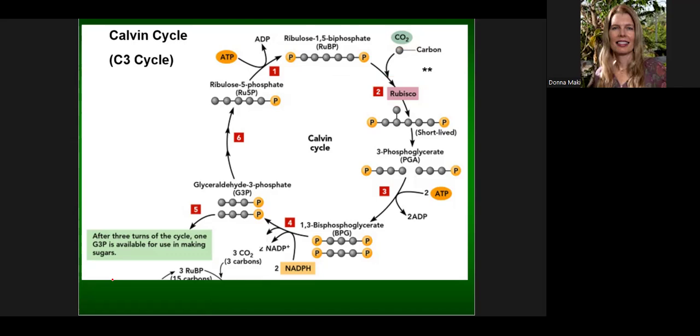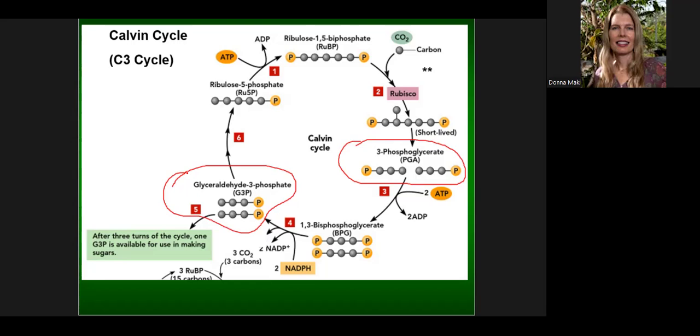Okay, so now you have your PGA going to G3P. That's the next phase. Now you do see ATP playing a role and NADPH. So in order to convert PGA over to G3P, you do definitely need some help from the products of the light reactions.